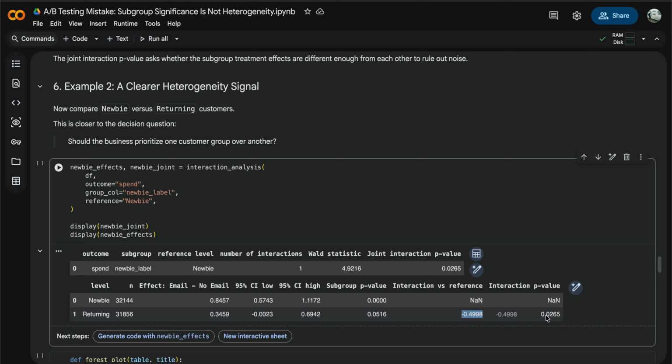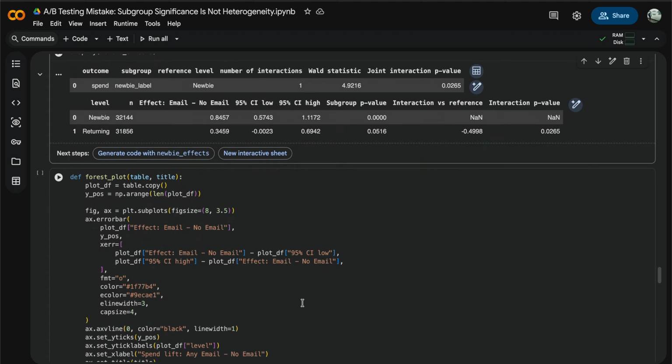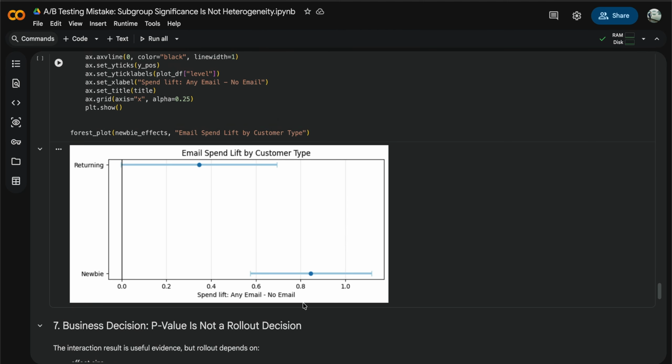The interaction p-value is about 0.0265, which is lower than 0.05. So we have evidence that the email effect differs between newbie and returning customers. And we can also plot some charts for the stakeholder as well.